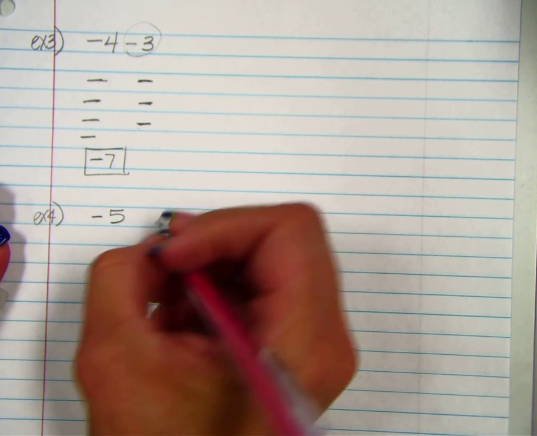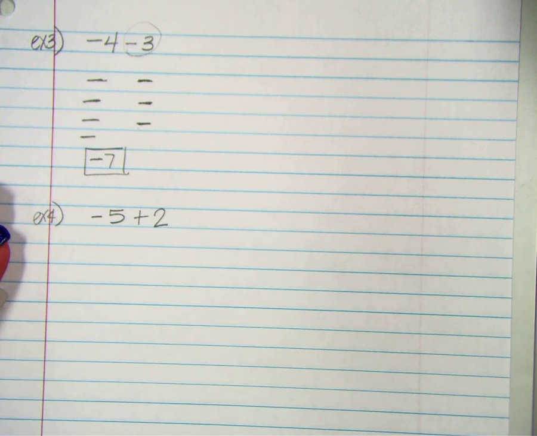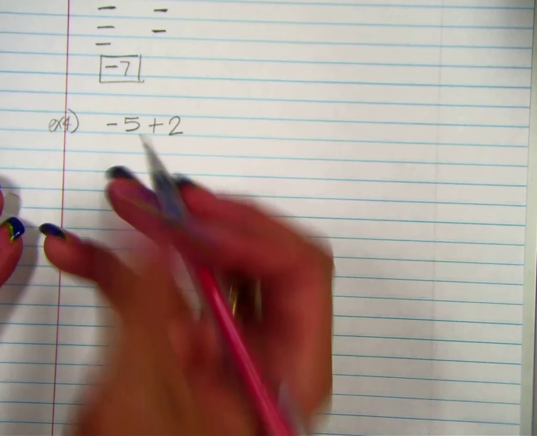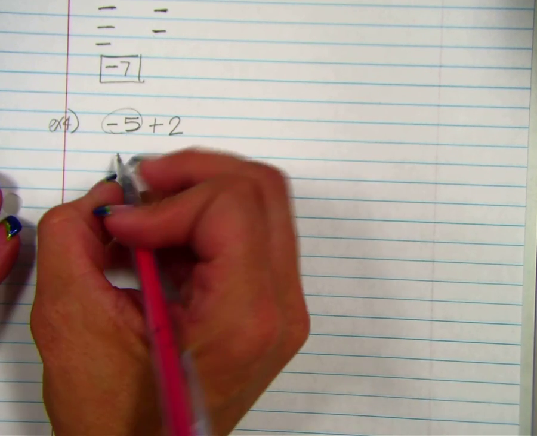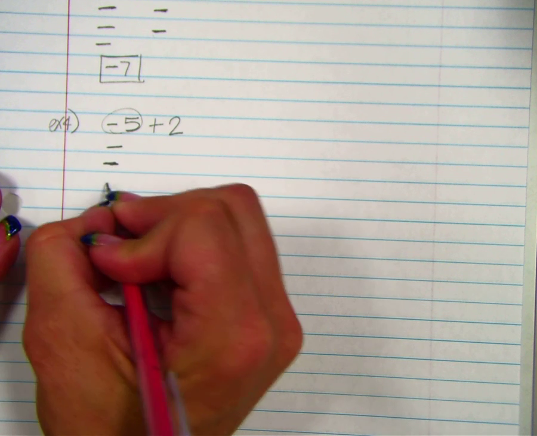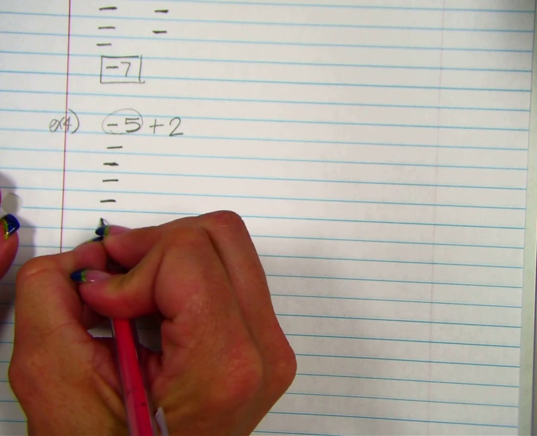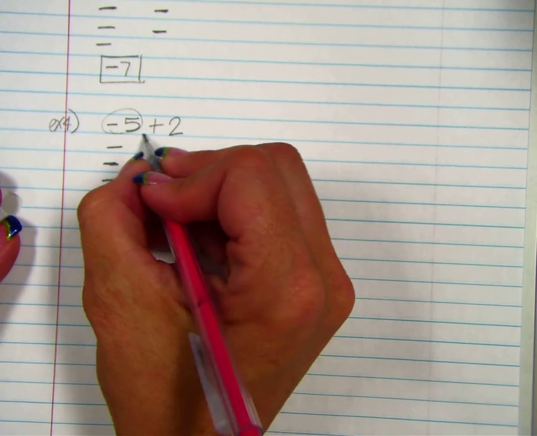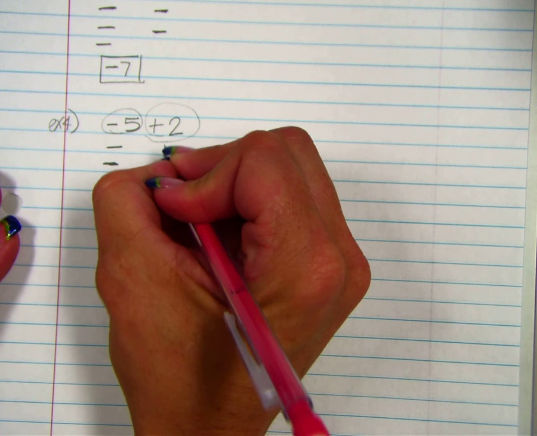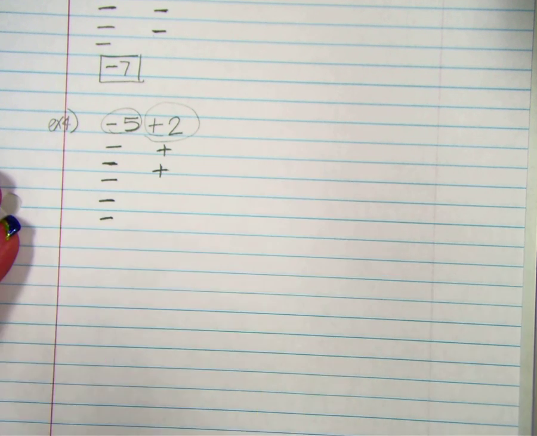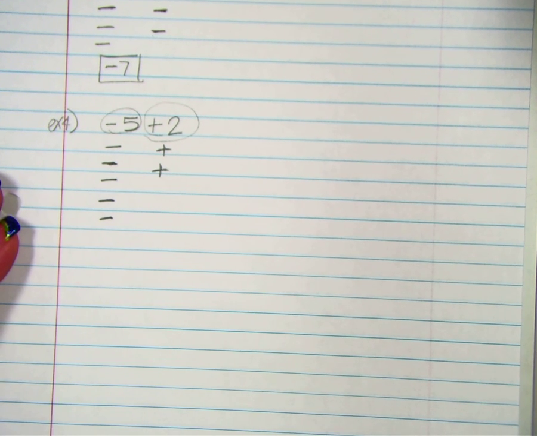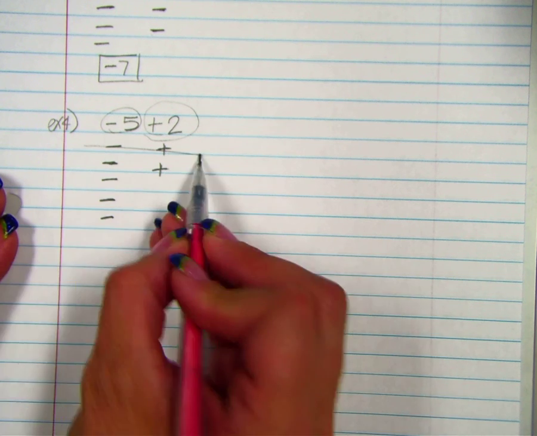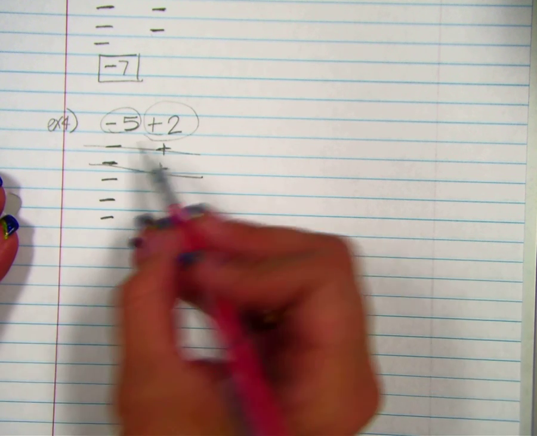Example 4 would be a -5 and a positive 2. And I'm going to make little slashes. I have 5 negative pieces. 1, 2, 3, 4, 5. And I have 2 positive pieces. And I'm adding them together. And if you remember from class today, we talked about 0 pairs. This makes a 0 pair.